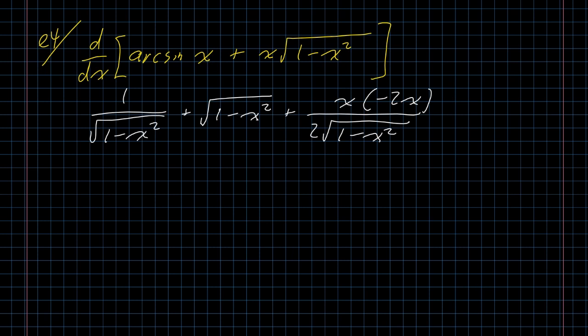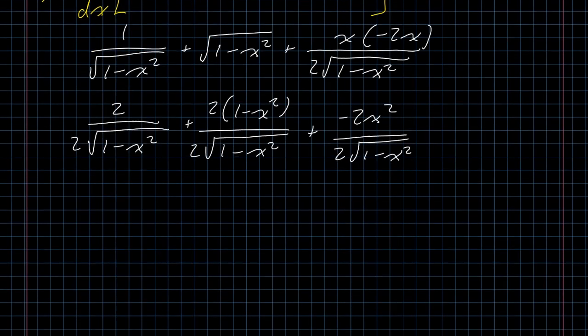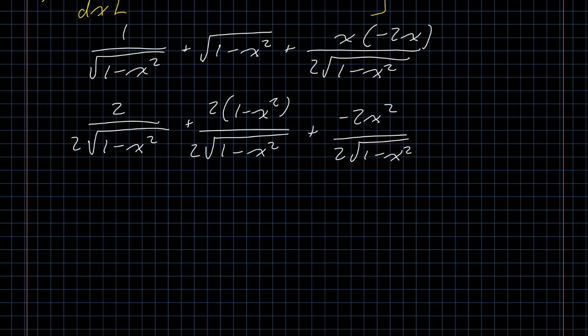So we can find a common denominator. We can simplify across the numerators. So we'll have 2 plus 2, which is 4.